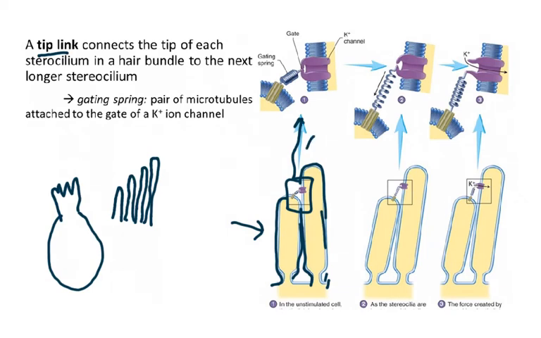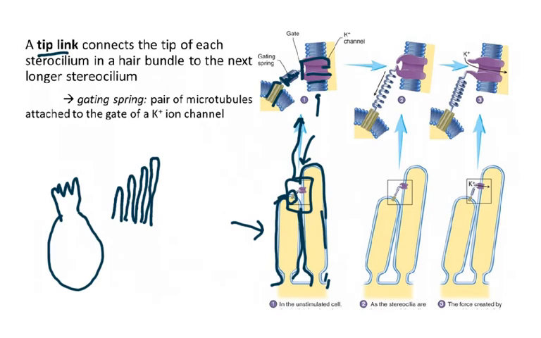So in this membrane, we have the gated ion channel. And here is the gate. And then in the other stereocilia, right here, we have a protein that's connected to another protein that's connected to the gate.